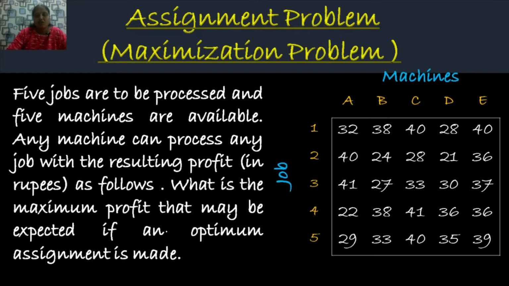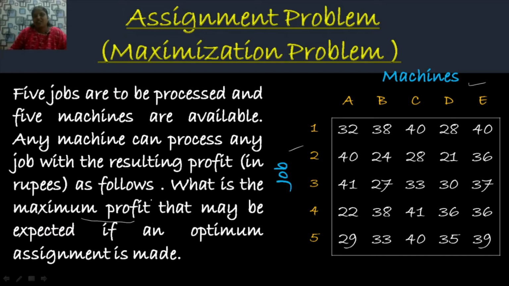Let's now move on to an example. There are 5 jobs and 5 machines. Any machine can process any job with the resulting profit in rupees given in the cost matrix here. Then what is the maximum profit that may be expected if an optimum assignment is made?